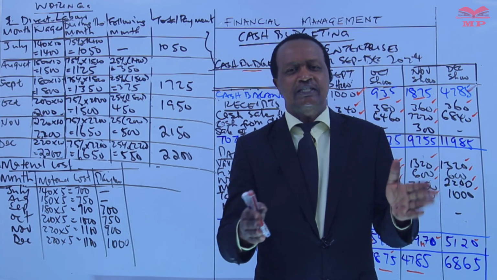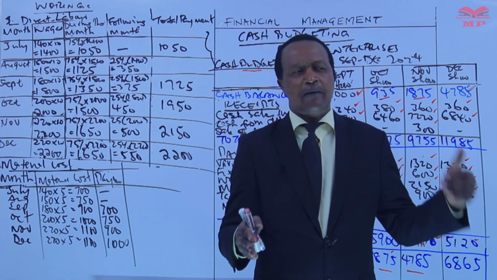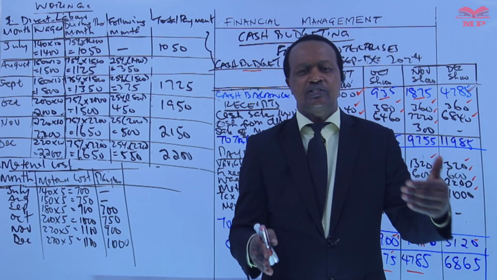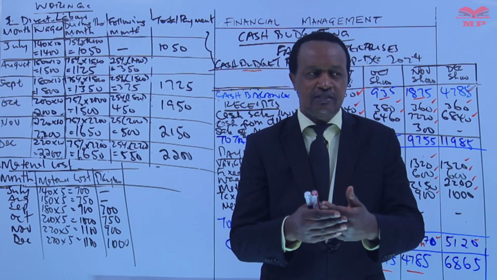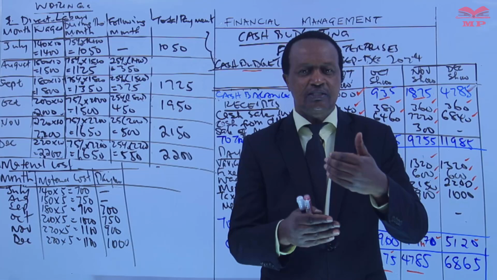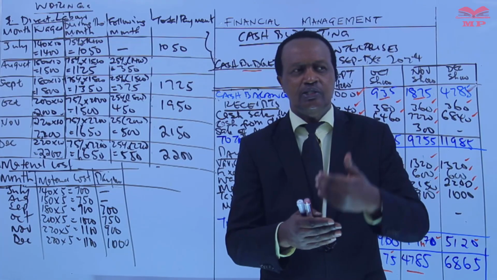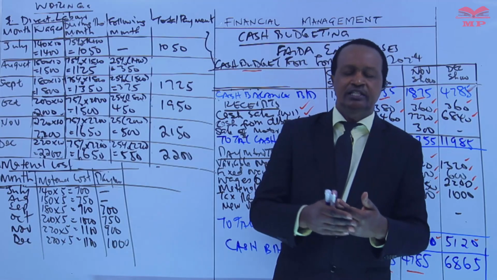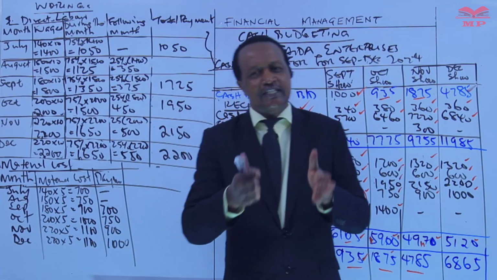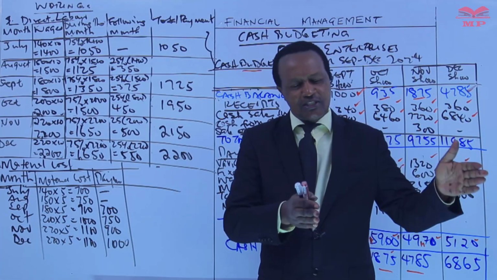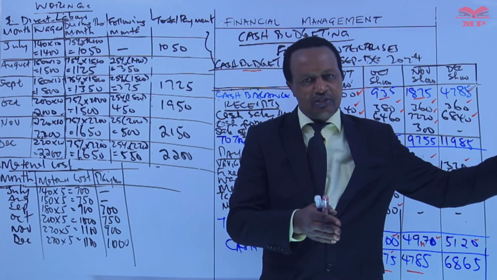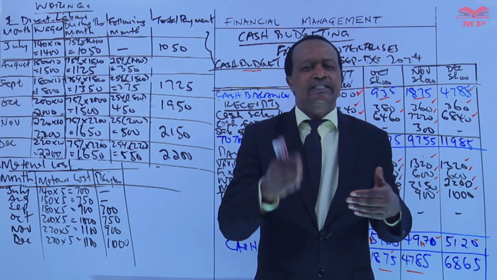Now the percentage of sales method is a financial forecasting technique that uses sales data to predict future financial performance. And it assumes that certain financial items such as expenses, assets, will change proportionately with changes in sales revenue.